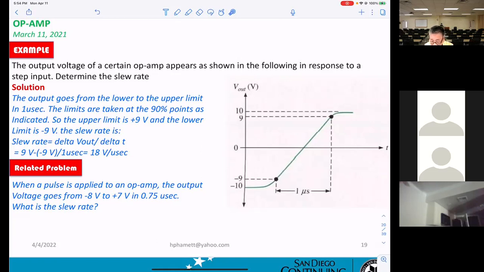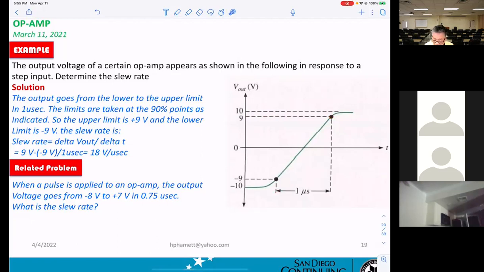You understand the delta T is calculated from 10% to 90%. You can see you get 10 volts here and minus 10. 90% of minus 10 is minus 9, so you get the first point here, and 90% of 10 gives you a second point.